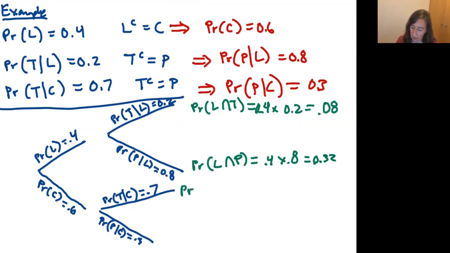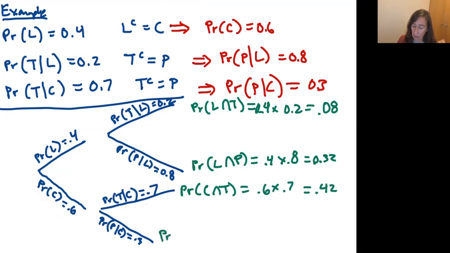The joint probability of being economically conservative and socially traditional: again, I take the probabilities on the branches and multiply them. So 0.6 probability of being conservative multiplied by a 0.7 probability of being traditional given that you are conservative. That works out to 0.42.